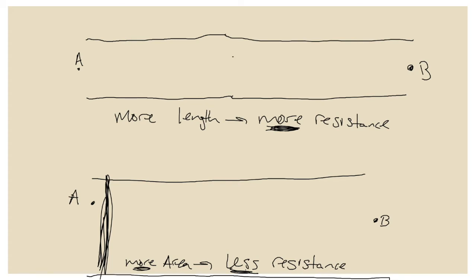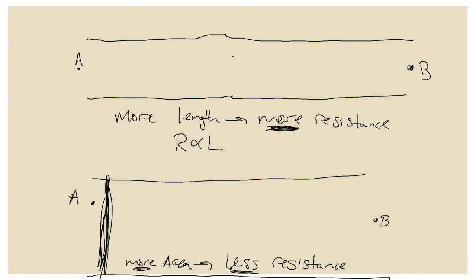If more length means more resistance, so more of one thing means more of another, what kind of mathematical relationship is that? Well, if more of one thing means more of the other thing, then that means the resistance is going to be directly proportional to the length. And so we should see the length then in the numerator of the equation.